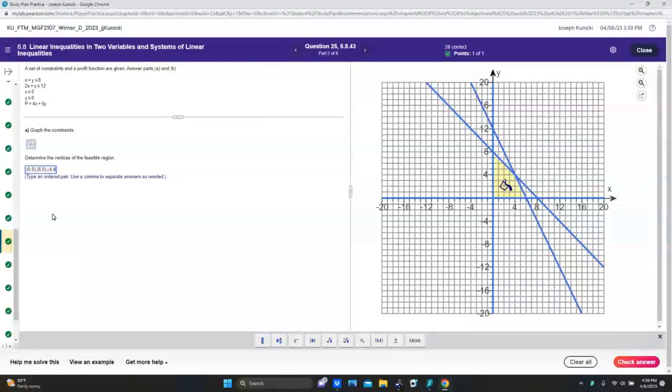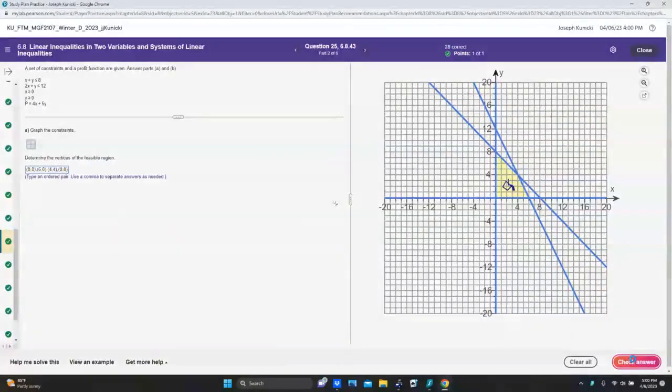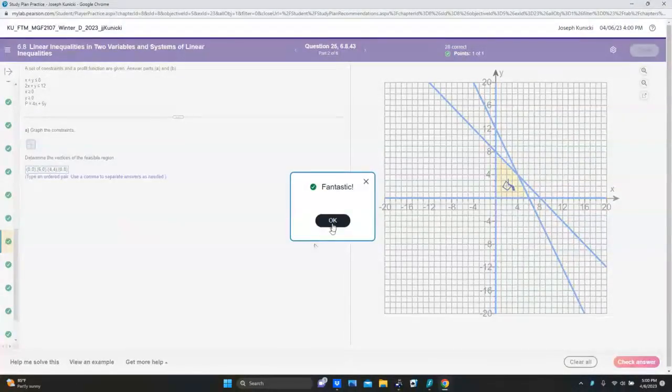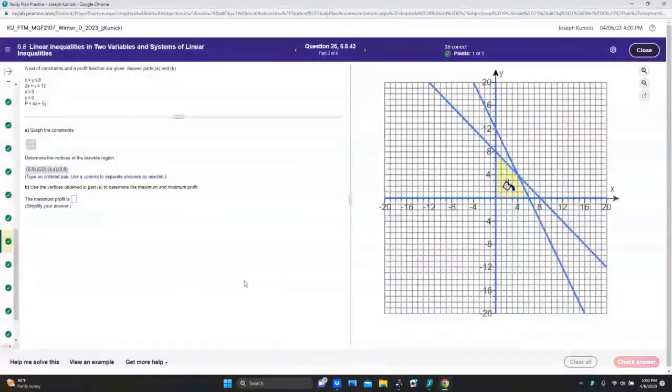And the third point was 4, 4, comma. And then the last point was 0, 8. You notice there's 4 ordered pairs there for the vertices, but there's commas between them. Oh, patience. There it is. Okay. So we have the right vertices.